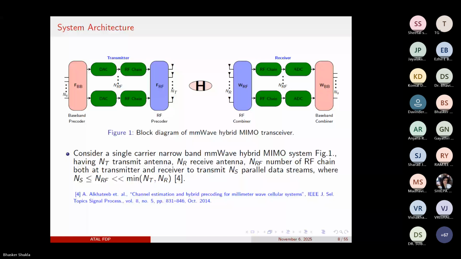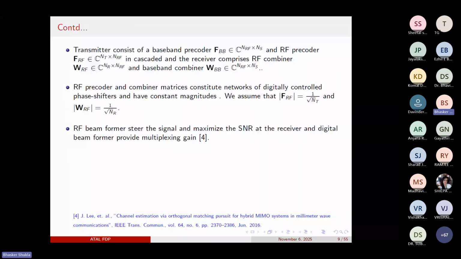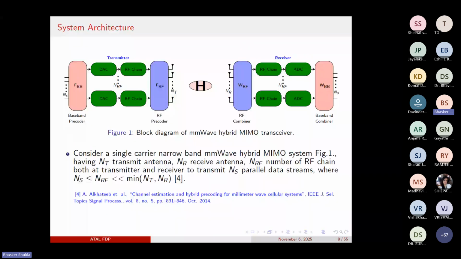So here the order of FBB is NRF by NS, and FRF is of order NT by NRF. And similarly WRF is NR by NRF, and WBB is NRF by NS.